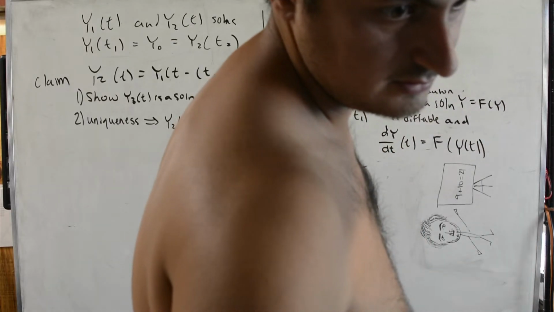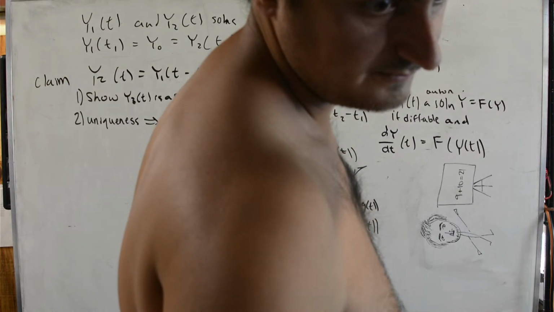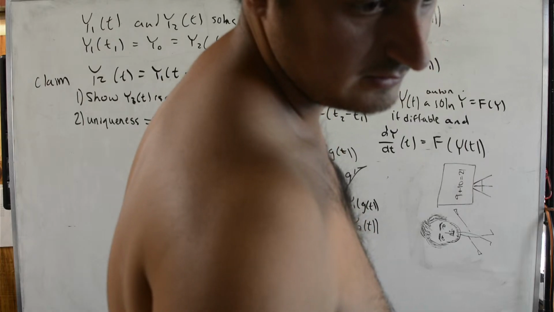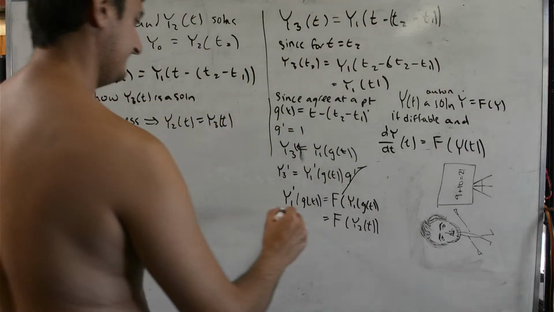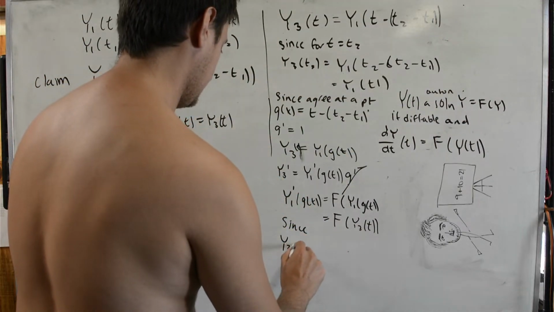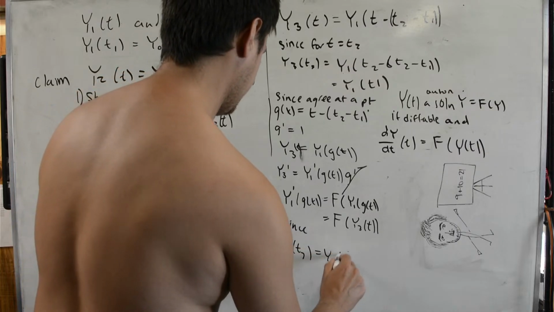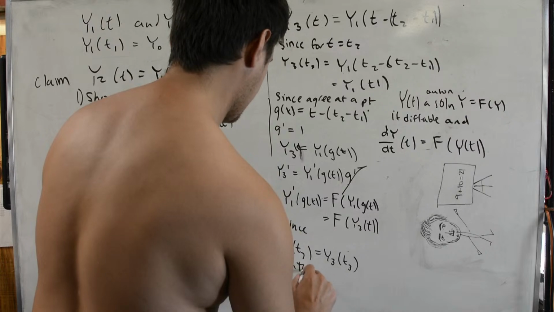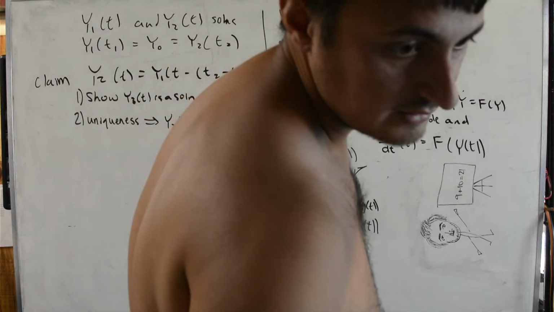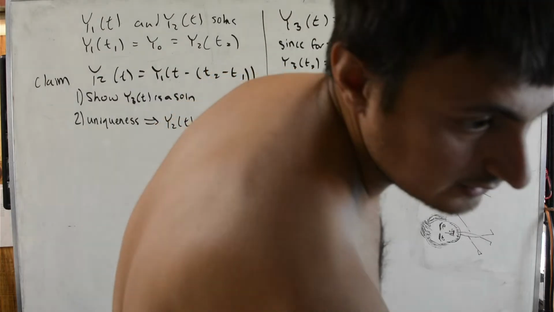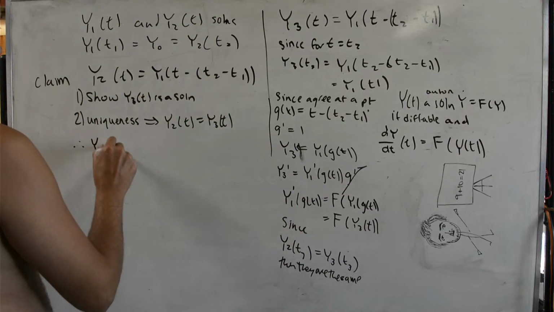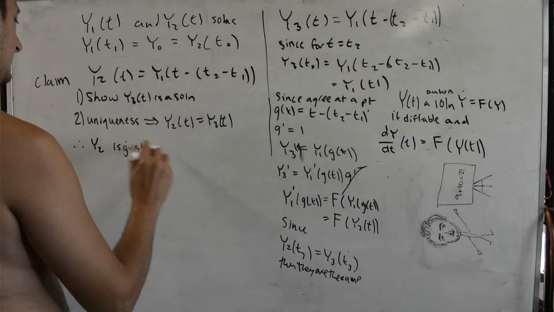Now, since y2 of t2 is equal to y3 of t2, then they are the same, and that shows that therefore y2 is just a time shift.